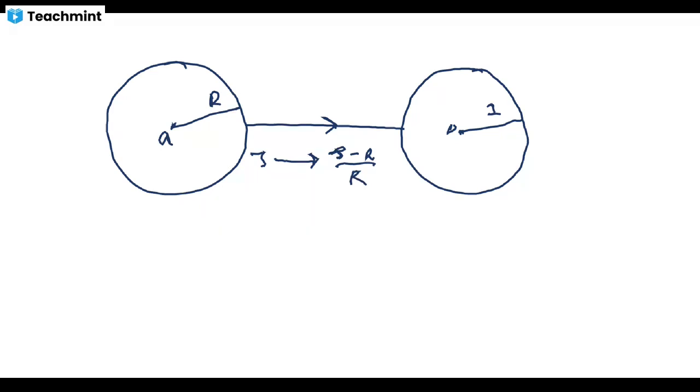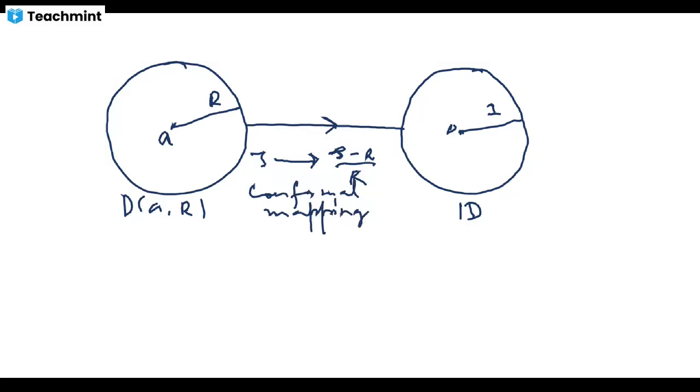This is a map from the disk D(A, R) onto the unit disk, and it is a bijection. It is a conformal mapping.